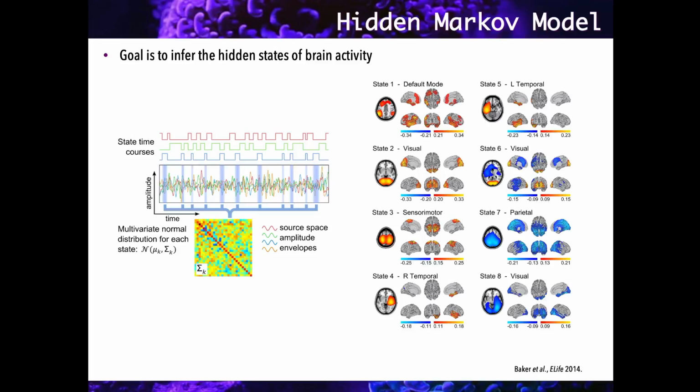After applying the Markov model, they saw that the states they had uncovered corresponded pretty well to some well-known brain network activity, such as for example the default mode network. So this is an example of how Markov models can be extremely useful in uncovering hidden states of brain activity.